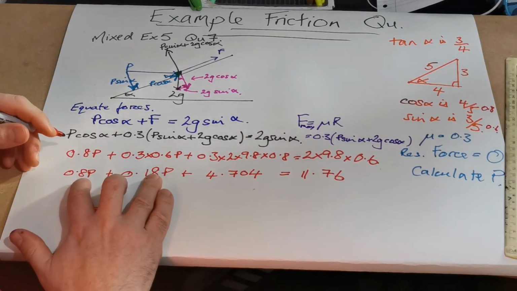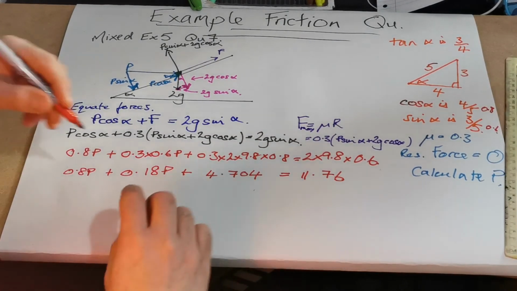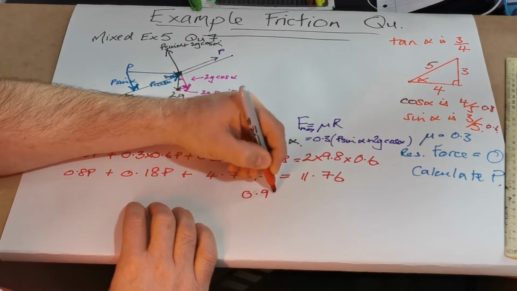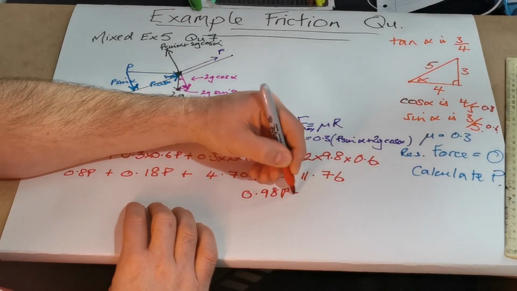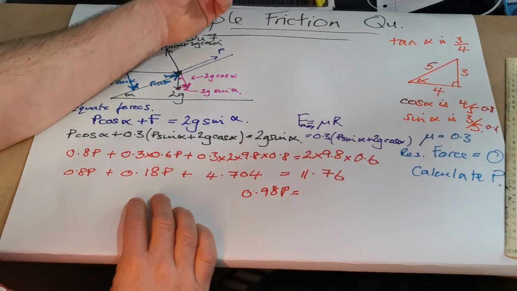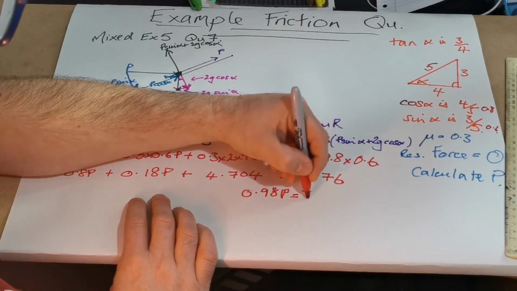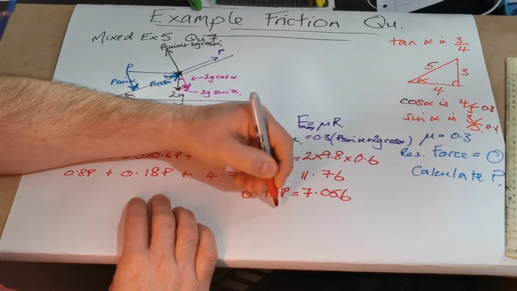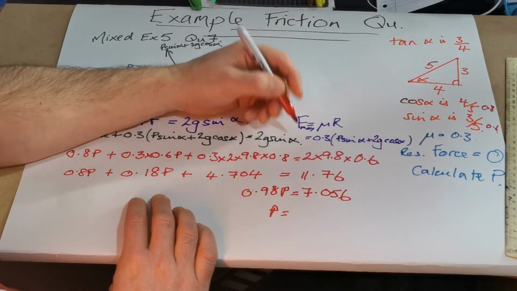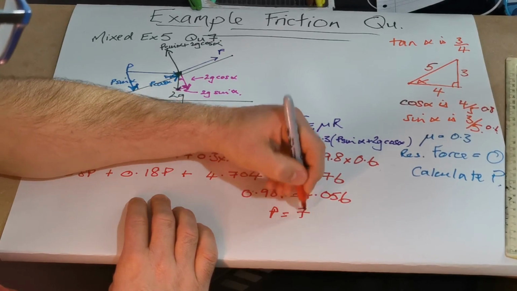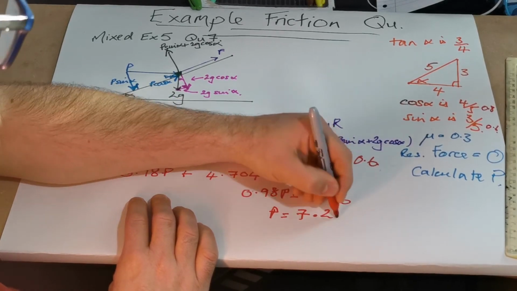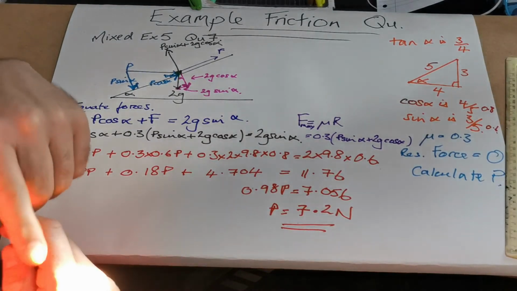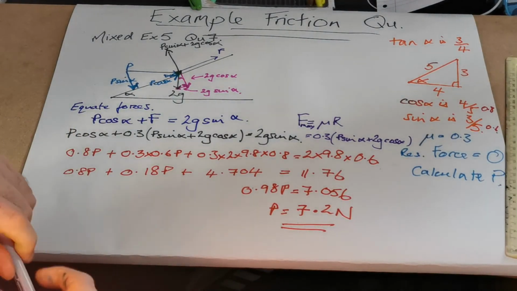So if I combine these together and take that away from both sides, I should have 0.98 P is equal to 7.056. Dividing both sides by 0.98, I get P is equal to 7.2 newtons. Okay, and that's the correct answer.